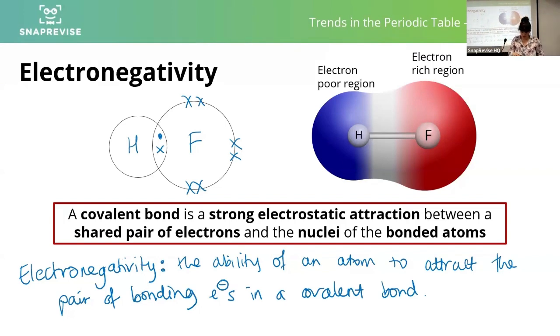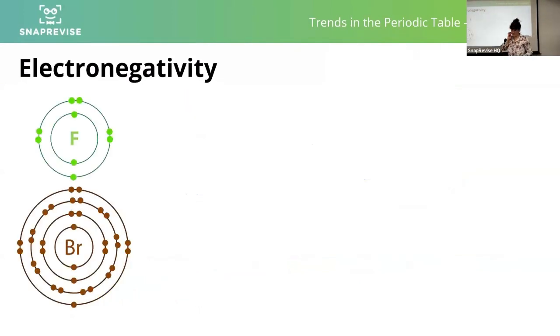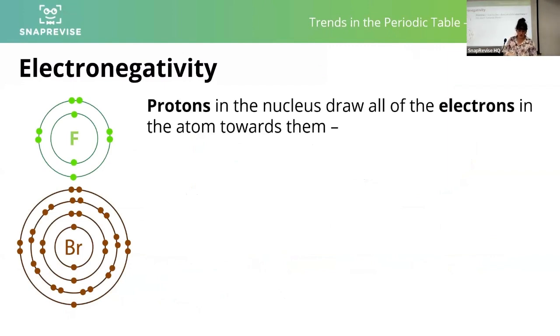Okay, so let's think about it in terms of these species. Protons in the nucleus, we've just said this, draw all of the electrons in the atom towards them. Of course they do, they're attracted. Protons are positive, electrons are negative. Therefore, if you're increasing protons, you're going to be increasing the electronegativity, the ability to attract electrons towards them.